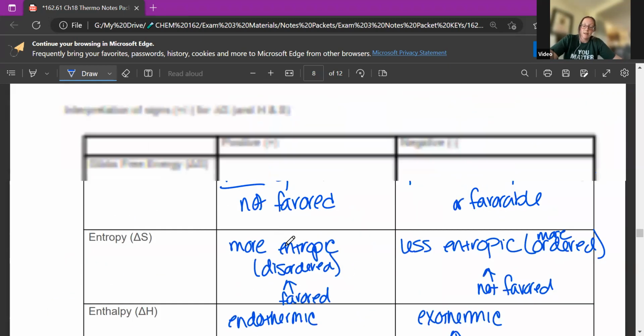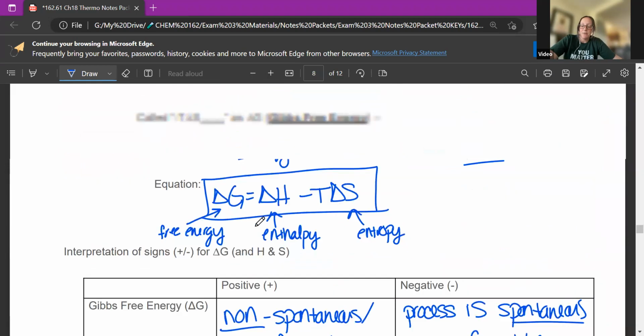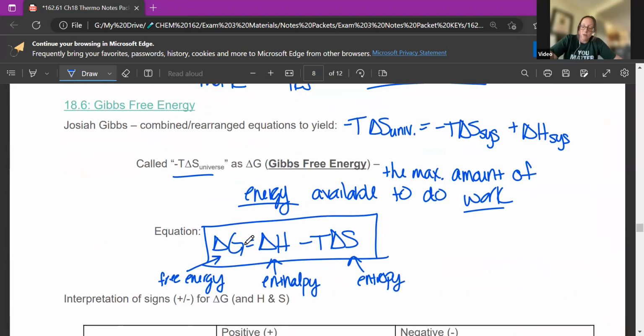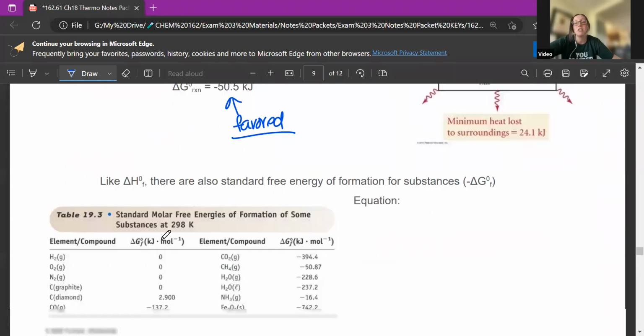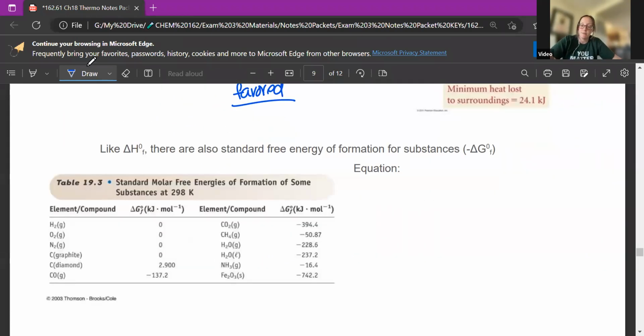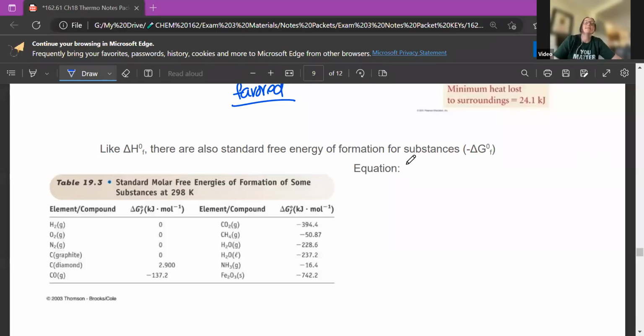One is this equation here, okay? Another is by using delta G values that you can look up on that appendix that I have attached that you need to print. This is actually very easy. It's just like our delta H or our delta S summation reactions.